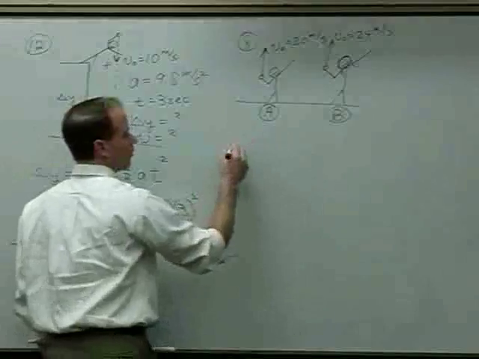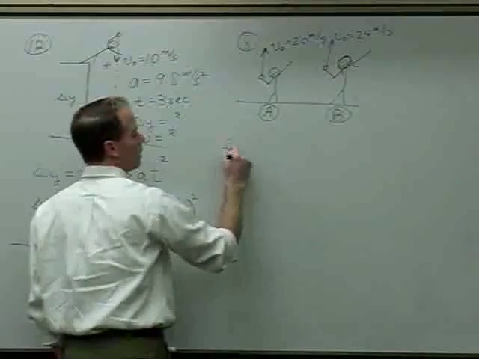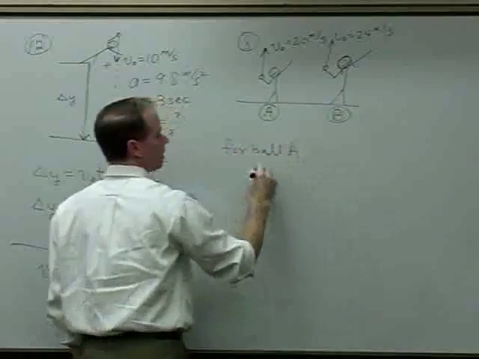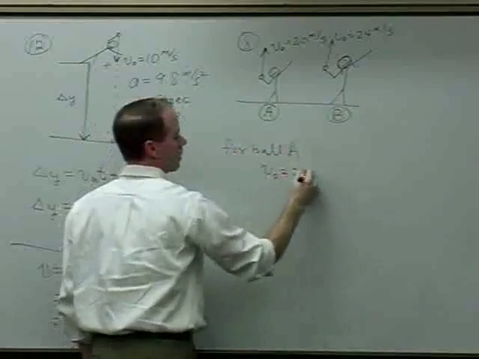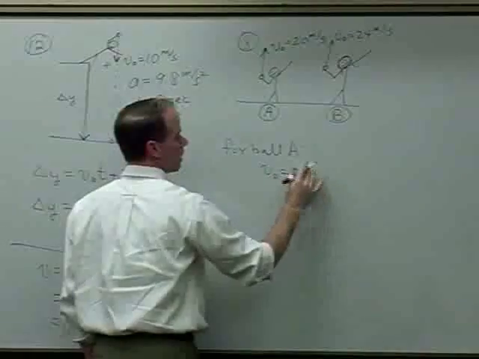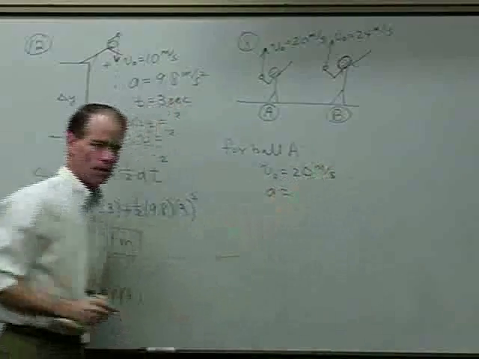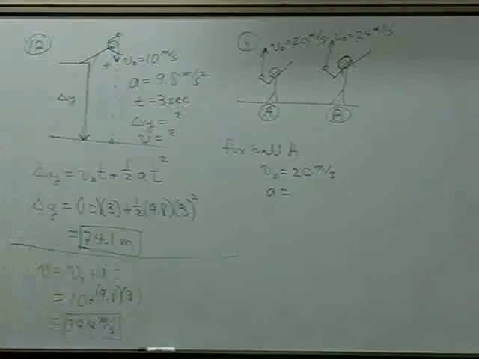So for ball A, we know that the initial velocity is 20 meters per second. And the acceleration is negative 9.8 meters per second squared.